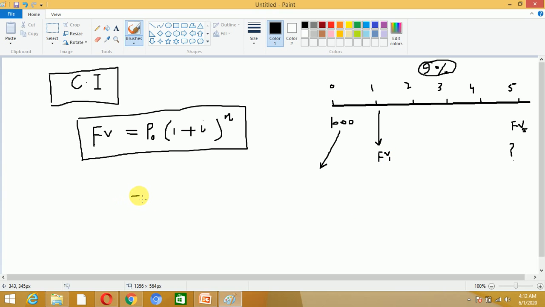So see, what is the present value? 1000 times 1 plus interest, which is 9%, that is 0.09, and raised to the power how many years? Now here I'm calculating after 1 year, so it will be power 1. So 1000 multiplied by this, I think we will get 1090.